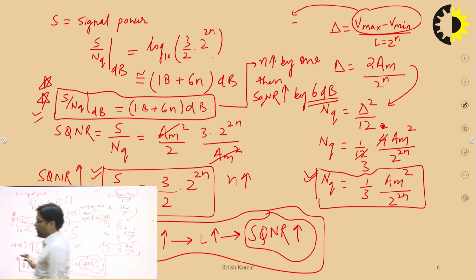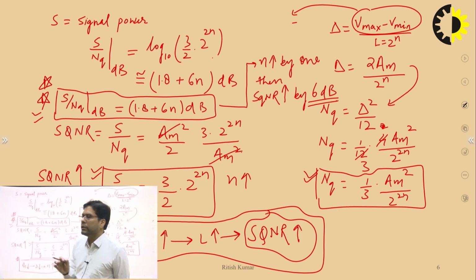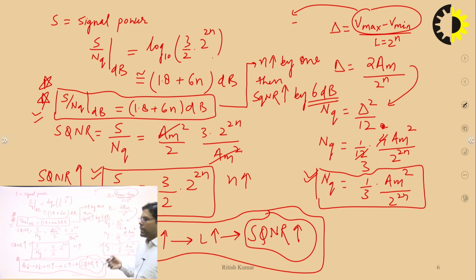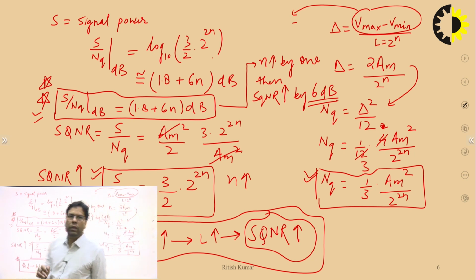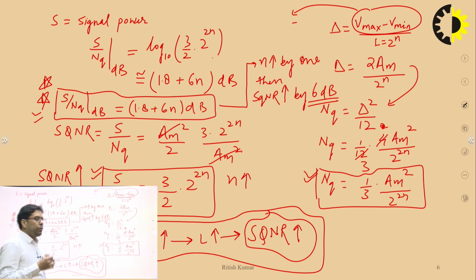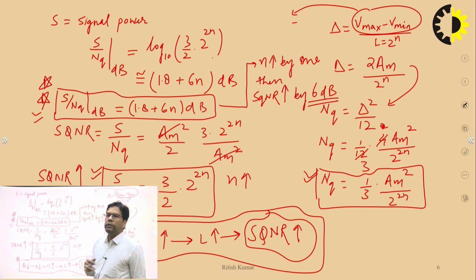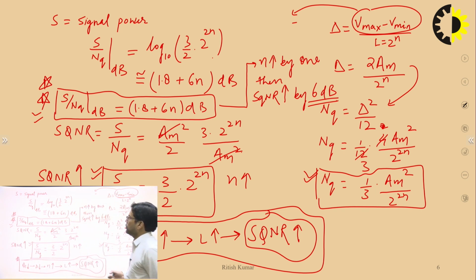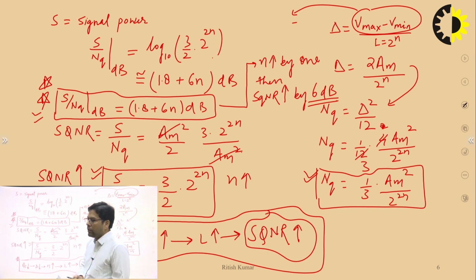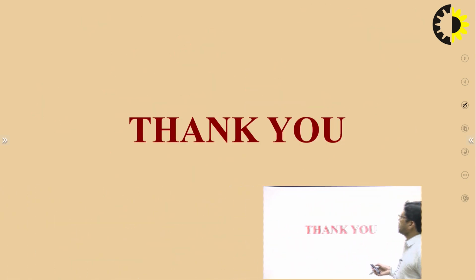I conclude this PCM system by this statement: if you want to reduce the quantization noise errors, then you have to decrease the step size, and for decreasing the step size you have to increase the number of bits per sample, or you can say you have to increase the number of levels, and after doing this process you will get the improved SQNR, signal to quantization noise ratio. That is our aim. So this is the noise in PCM system. Thank you.